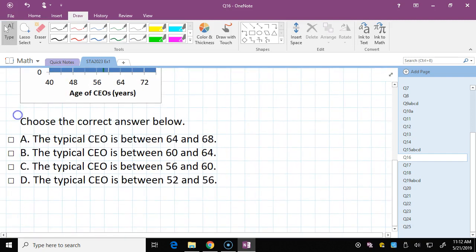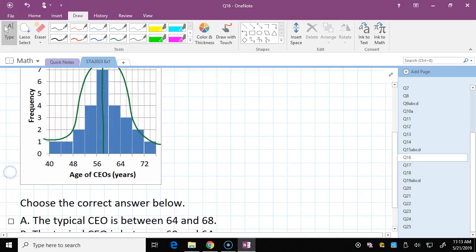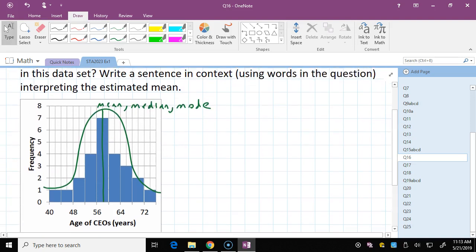So the answer for this should be between 56 and 60. You don't need to actually use the calculator to figure that out. Although it would be a little hard to figure out the mean exactly, because you don't know what numbers were in what bar. When it's symmetrical, your mean, median, and mode should be in the middle, because everybody that's down here balances out everybody that's up there, and it focuses directly into that middle piece.